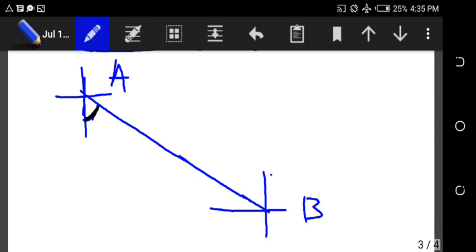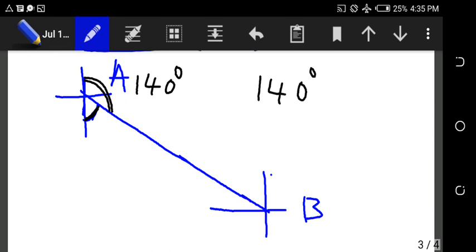If you want to use the true bearing, that would be the value of the angle here, and that could be let's say somewhere around 140. So when you want to describe the bearing of B from A using the true bearing, you could say that the bearing of B from A is 140 degrees.